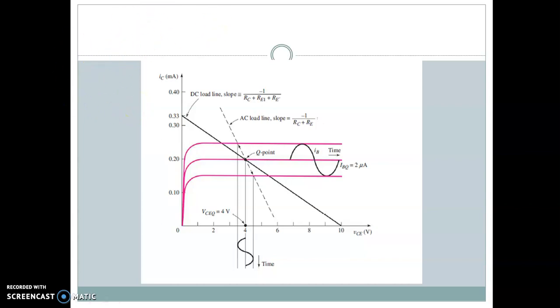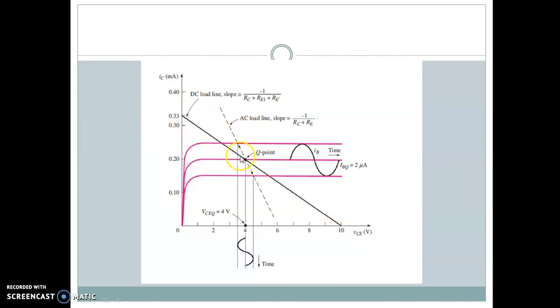Or even if you want to make a restriction on your maximum current, you don't want it as 0.33, you want to restrict it to 0.3, then it is only between 0.3 and 0.2, so it is only 0.1 milliamps you can swing. So you can restrict what your maximum current and minimum current are, based on your DC load line.